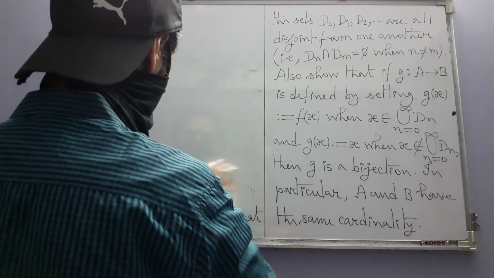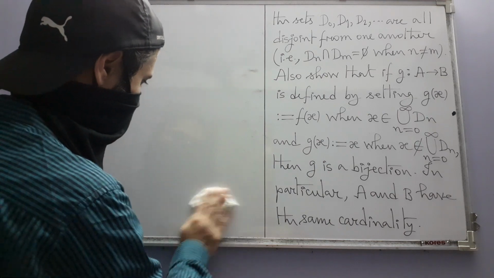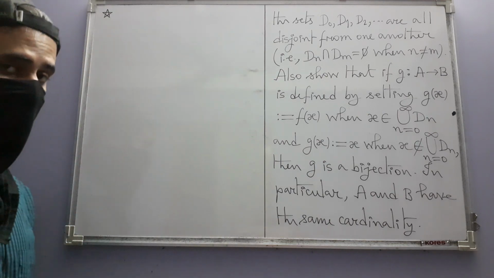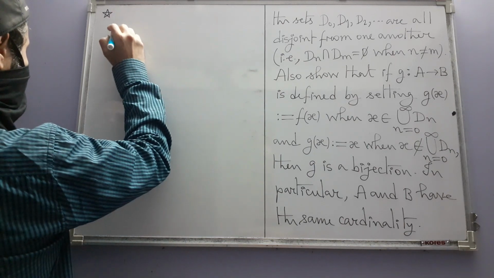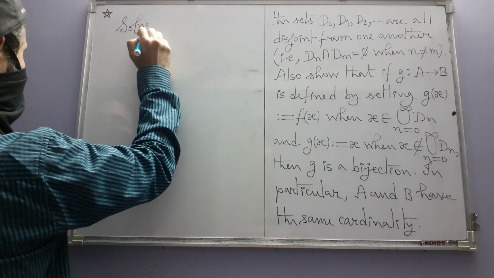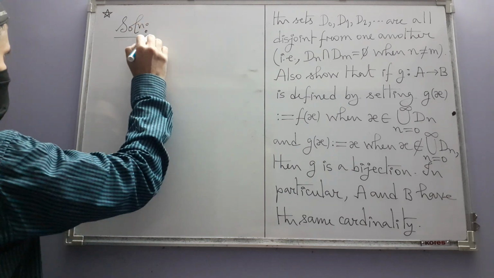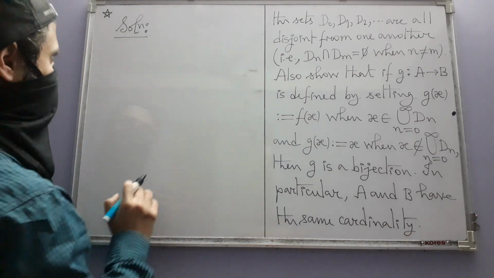It will be better if we draw a small diagram showing A, B and C and how these functions are given. So in the beginning of the solution, this diagram is not a part of the solution. If you want, you can make it a part of the solution, but it's just there for our understanding.